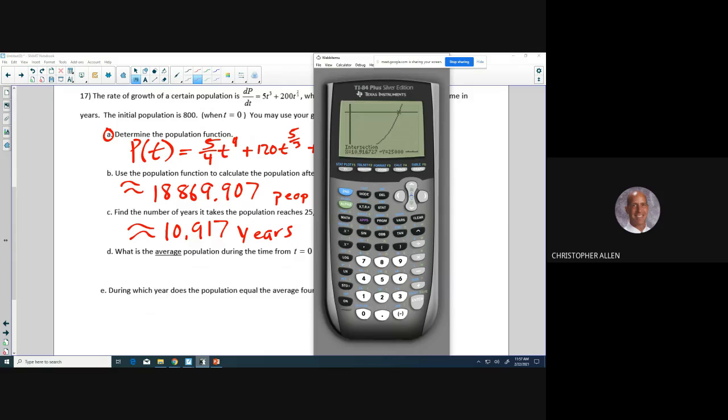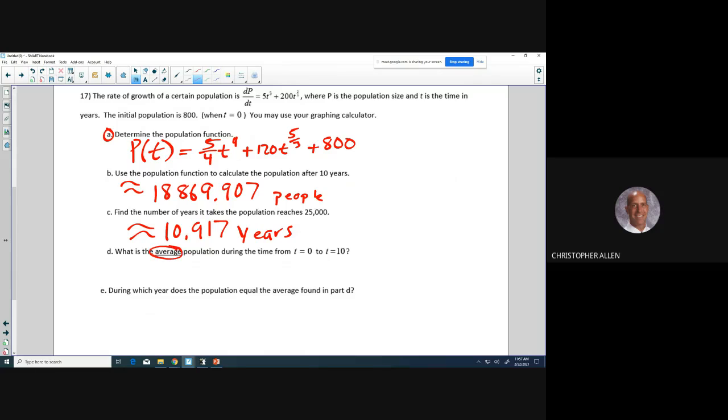Does that make sense? Okay, so let's look at the next question. It says, what is the average population? Notice I underlined the word average. That means I have to do 1 over 10 minus 0 times the integral from 0 to 10 of our equation.